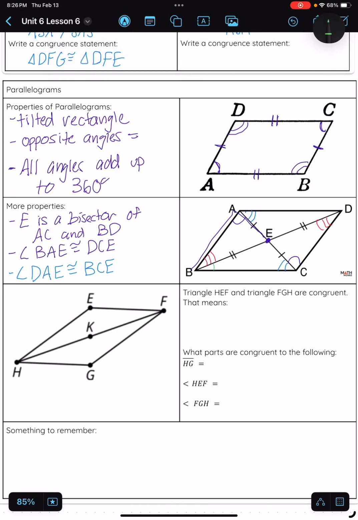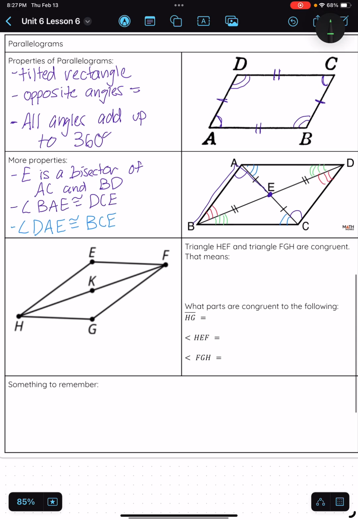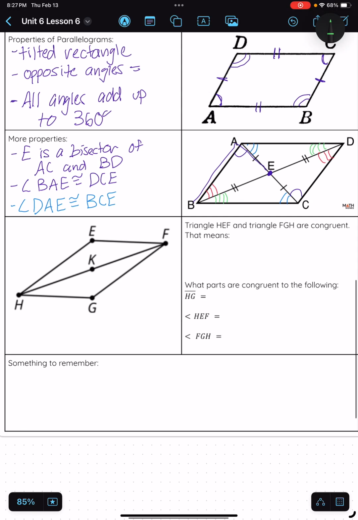And this angle, oh gosh, four little guys, is the same as this angle. So all of the angles inside the quadrilateral have a matching one. Okay. So now let's look at this problem here, and we're going to apply some of that information above.